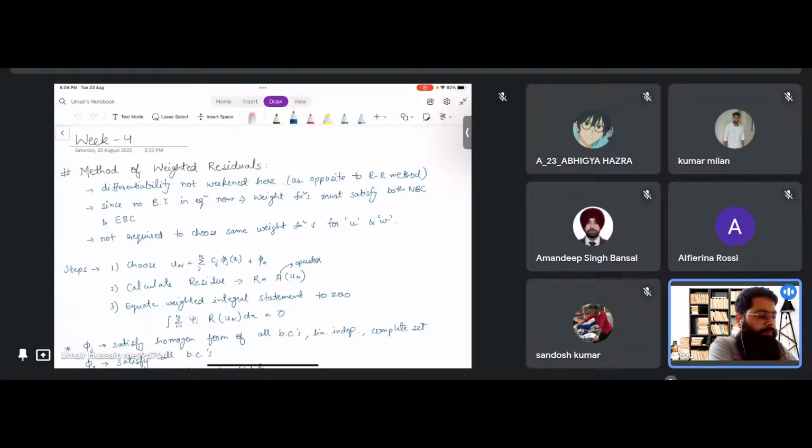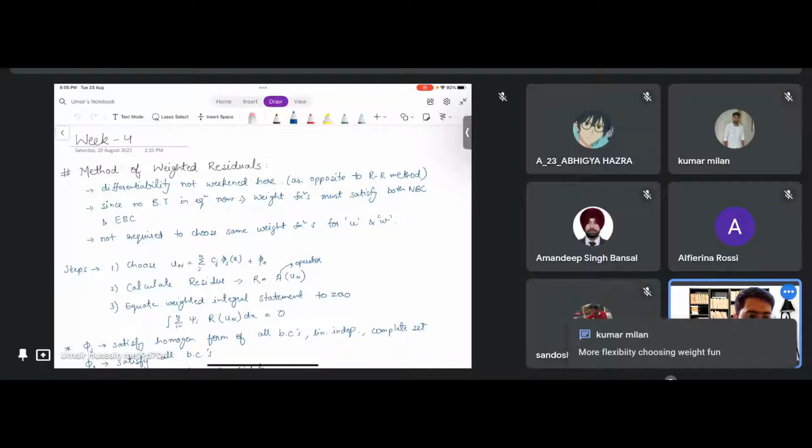Why do we need to study other methods? More flexibility in choosing the weight function.